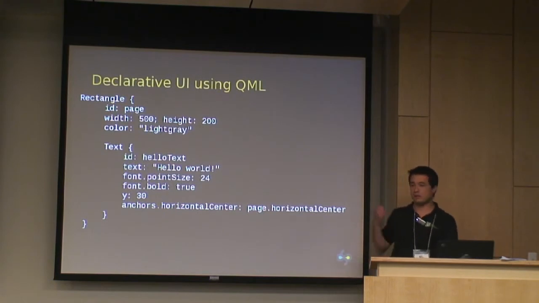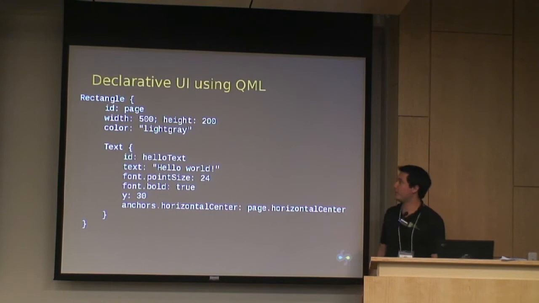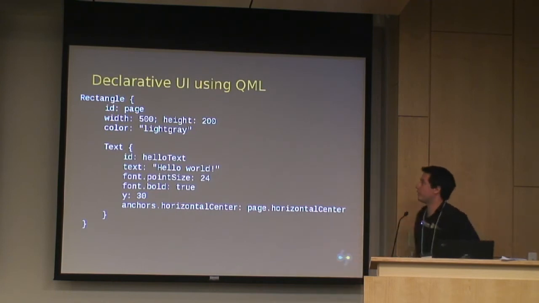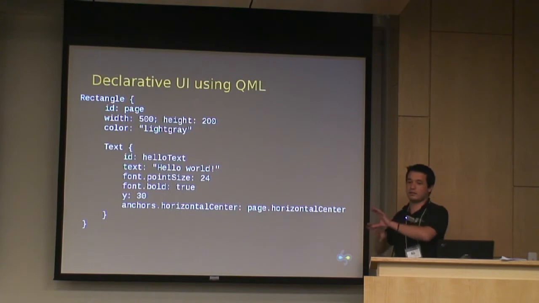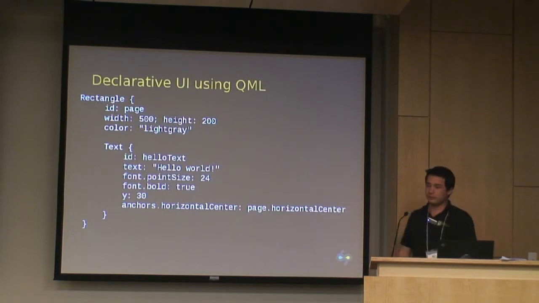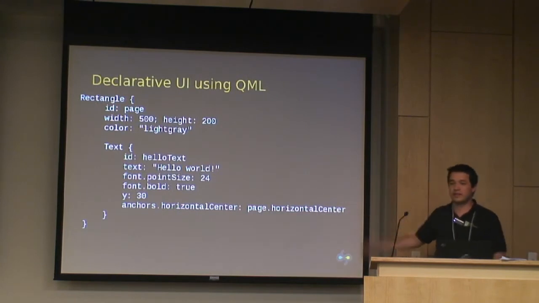So in this project, they chose QML, that simple language that we saw, to describe user interfaces. You can see a rectangle, which has an identification, a width, height, a color, and a nested object. So this text is a child object of the rectangle, and it has other properties. So this is declarative UI using QML.